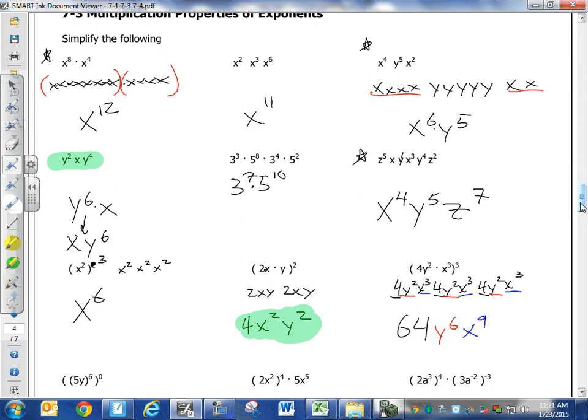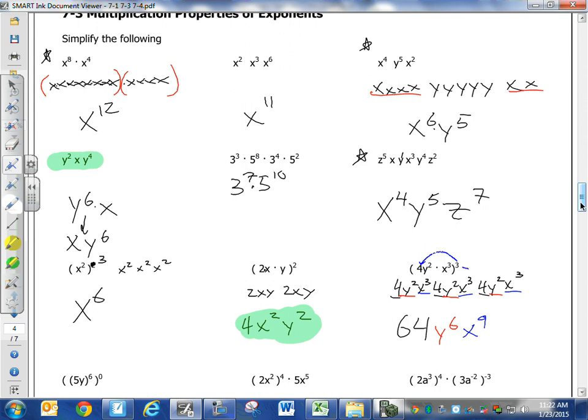What's the rule? Mr. Conwell? Whatever exponents you have, you multiply these exponents. If you ever have a number, you would have to take that number to that power as well.